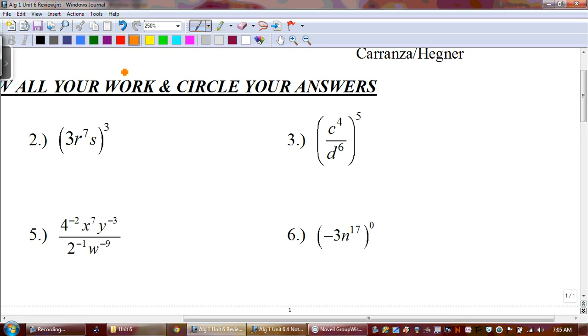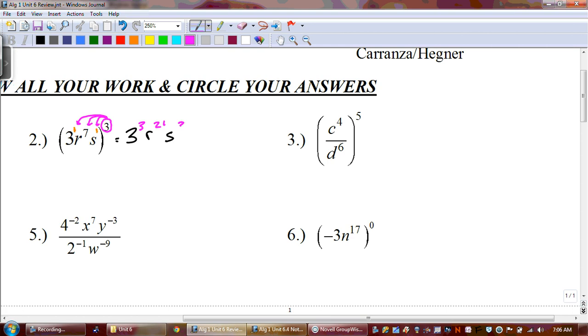Number 2, we need to distribute, but before we distribute, we have to remember we're doing it to everything. So I gave everything an exponent. So first we distribute, and when we distribute, we multiply. So 1 times 3 is 3. 7 times 3 is 21.